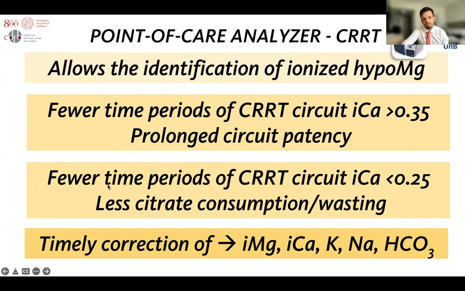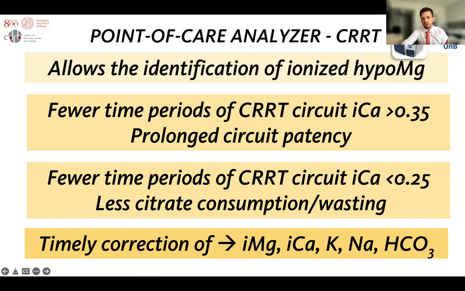At the same time, we will have fewer time periods of circuit ionized calcium below 0.25, because with normal tests, it takes at least 2 hours to get your ionized calcium concentrations back from the lab. Here it's only about 30 seconds.